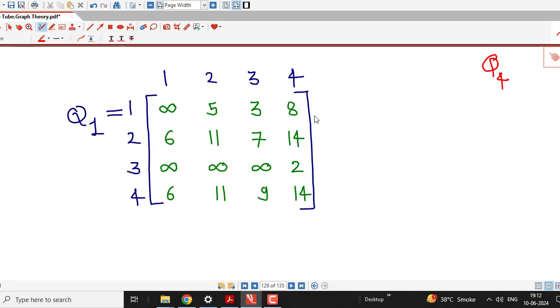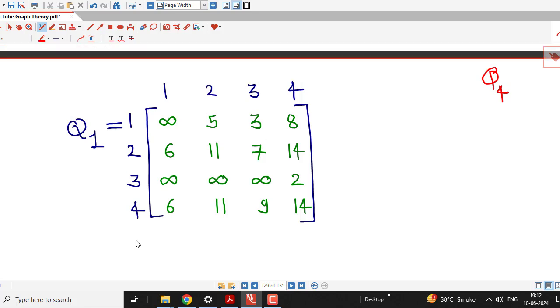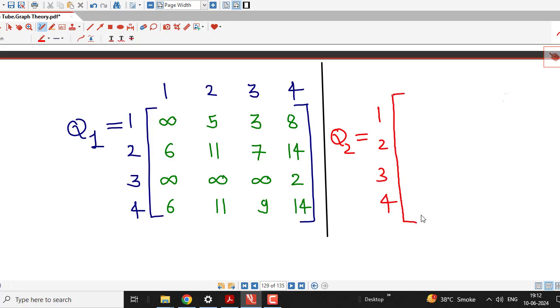So I have written all the matrices by doing this type of calculation, but we can write a few entries of Q2 also. Suppose we write in parallel here. Here I will write for Q2. So let me write here 1, 2, 3 and 4, then 1, 2, 3 and 4 here.